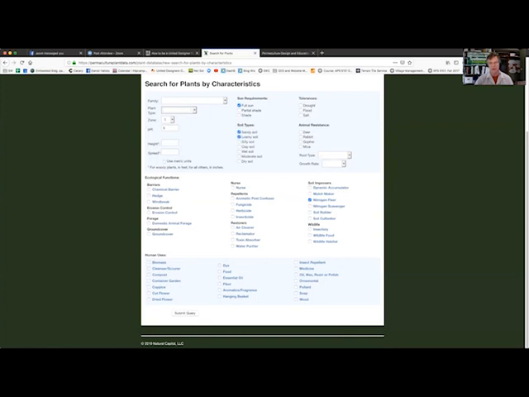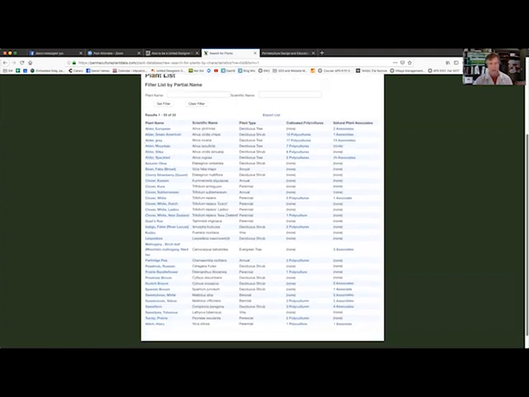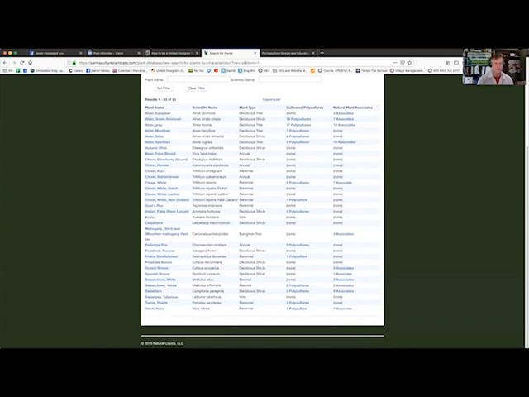If the list is too long, you kind of have to limit it a little more. Okay, I have 33 nitrogen fixing plants that I can use in this ecological state. Pretty good. Many of these might be native. Many of these might be something that's been naturalized, but there's a lot of ways to work with it.